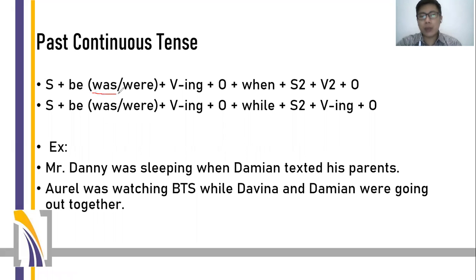But the be that we are using is was and were because this is in the past. Was and were are the past tense of is, am, are. So was is the past tense for is, and were is the past tense for are.